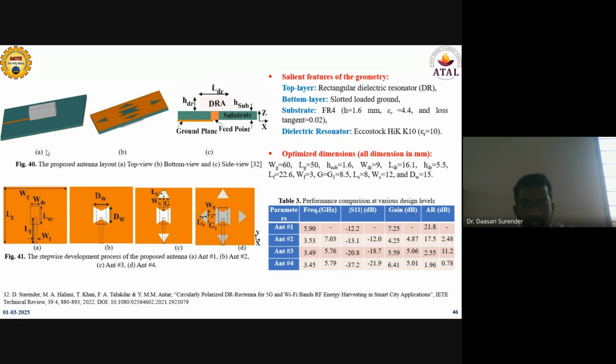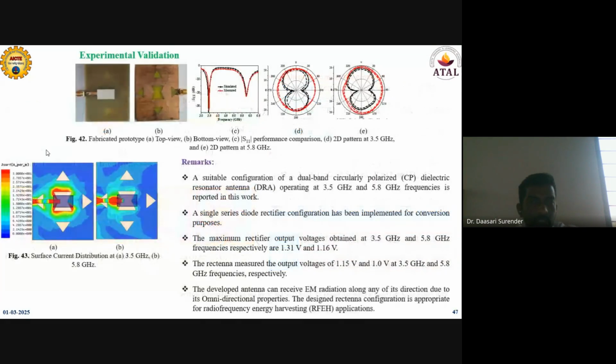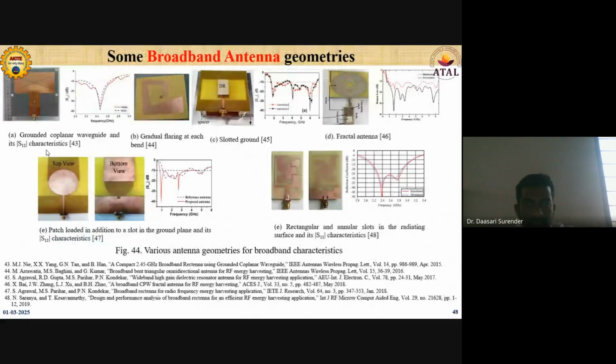This antenna is designed for dual band characteristics for 5G as well as Wi-Fi applications. The maximum gain observed by the antenna is 6.441 decibels. The experimental validation and the radiation characteristics were presented.